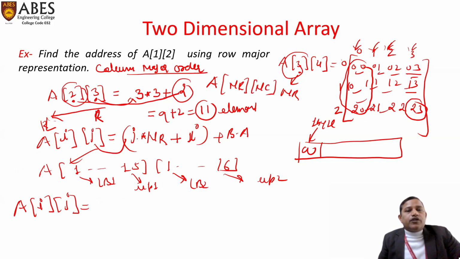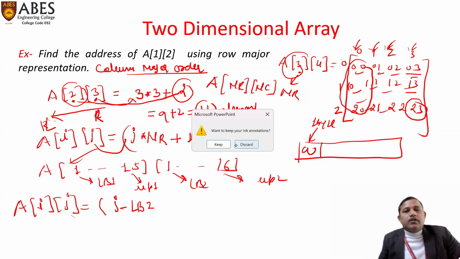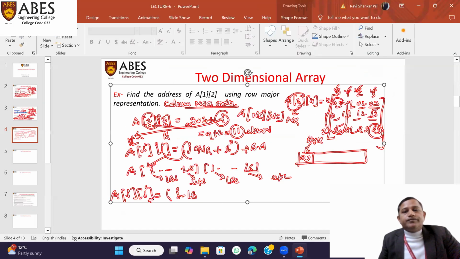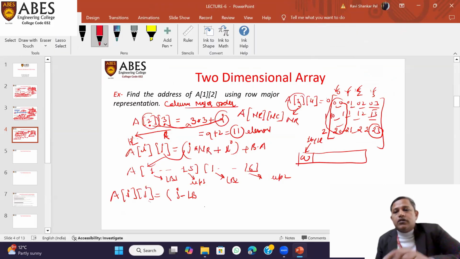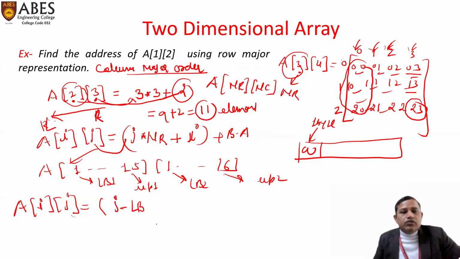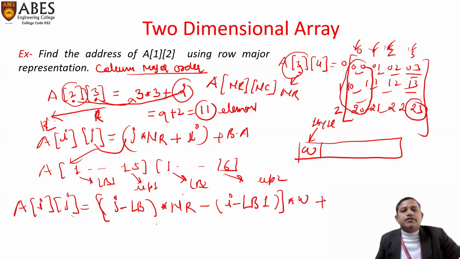You have to find j minus lower bound 2, multiply by the number of rows of the matrix, that is NR, plus i minus lower bound 1, and then multiply by the size of one cell, W bytes, plus base address.